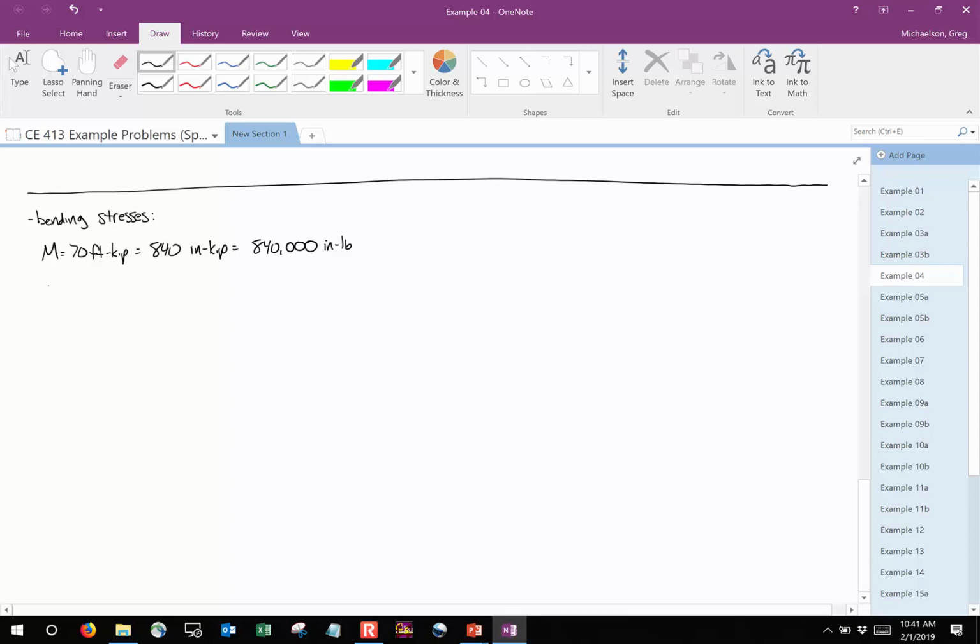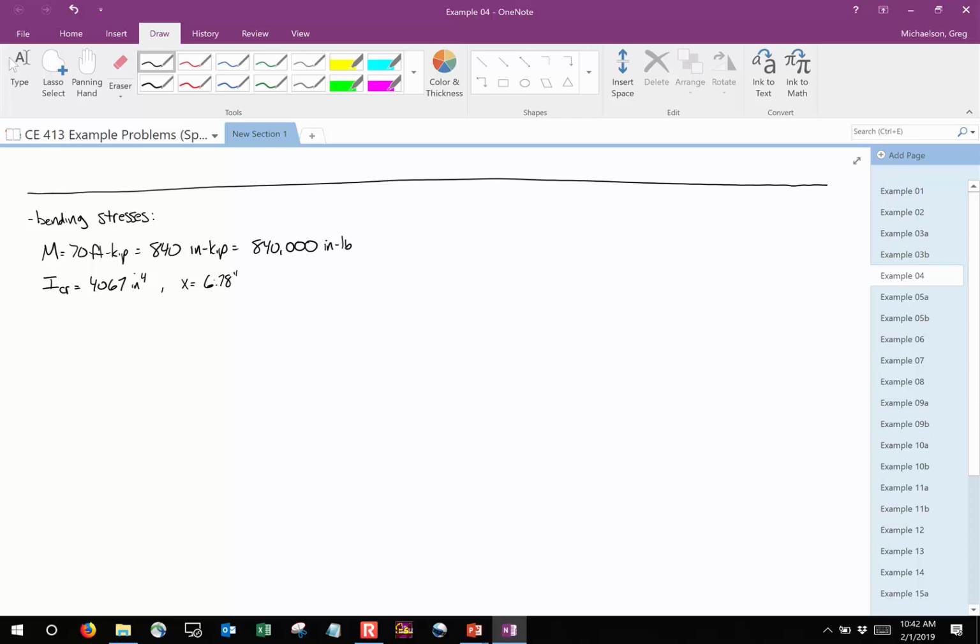Now we have a cracked moment of inertia of 4067 inches to the fourth, and what was our x value? It was 6.78 inches, something like that. Okay. All right. So what we're going to do is we're going to compute a stress in the concrete and a stress in the steel.